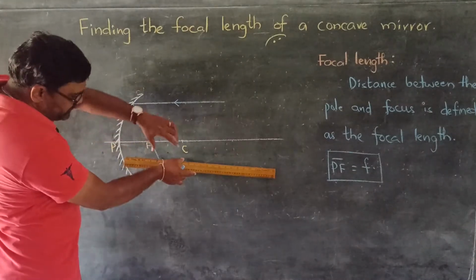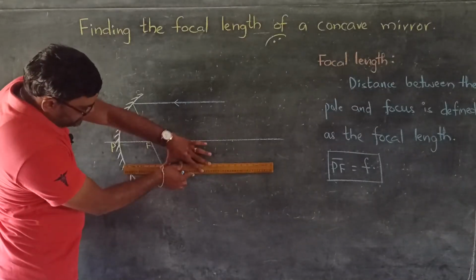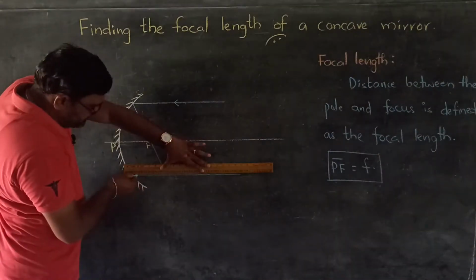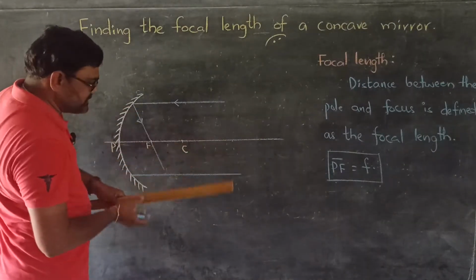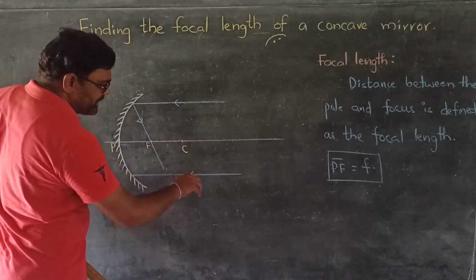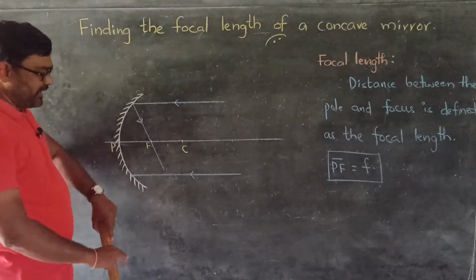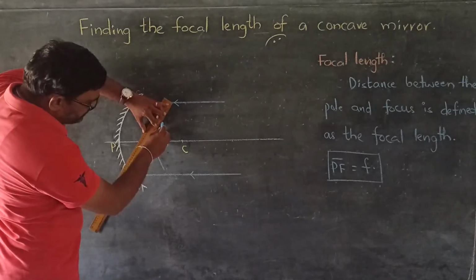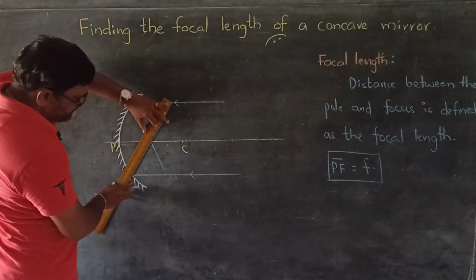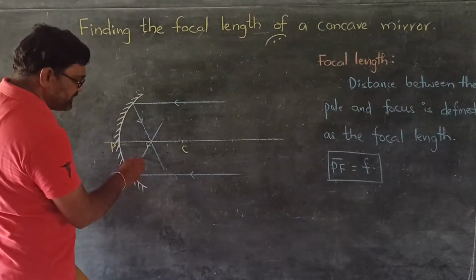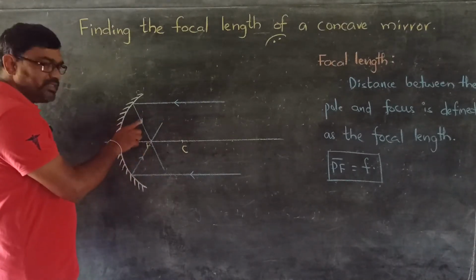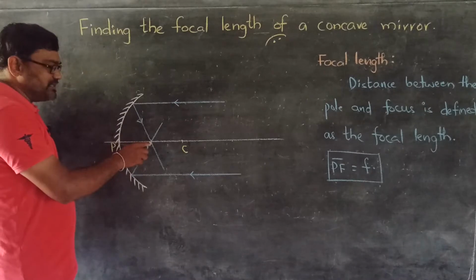So I am going to take another incident ray which is parallel to the principal axis. Of course it is coming from infinity distance. This is also incident parallel to the principal axis. And the reflected ray automatically goes through F. So this is the reflected ray. So that means at this point both the reflected rays are coinciding.